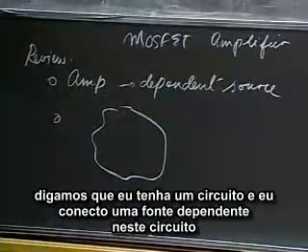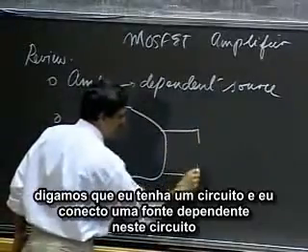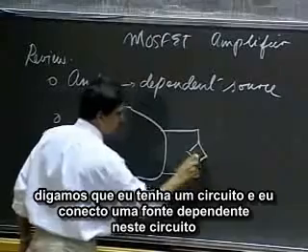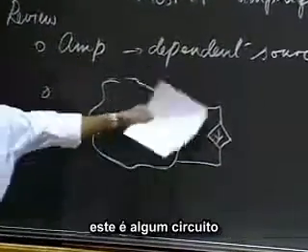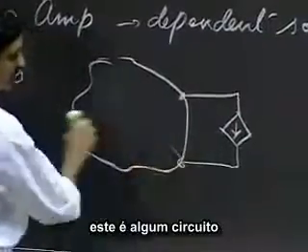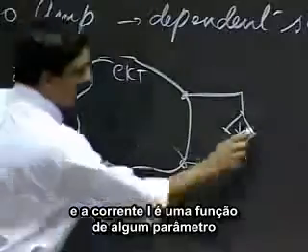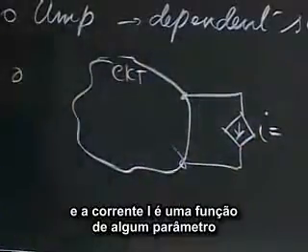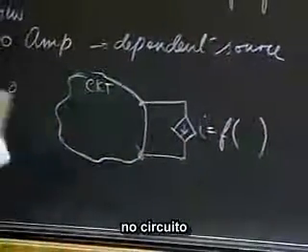Let's say I had a circuit, and I connected a dependent source into the circuit. In this example, I have a current source. So this is some circuit, and the current I is a function of some parameter in the circuit.